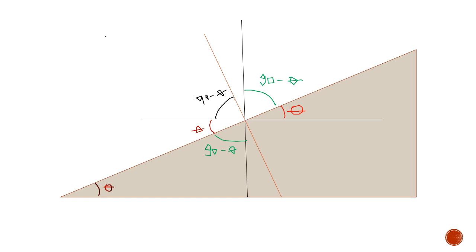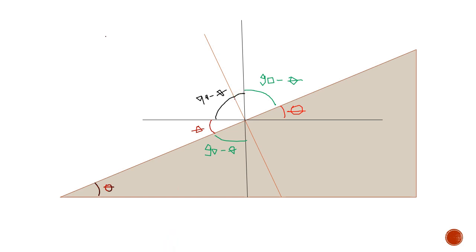Now, what can we say about this one here? If this one here and this one are perpendicular, that is why this is 90, and this is 90 minus theta, this one is actually theta.